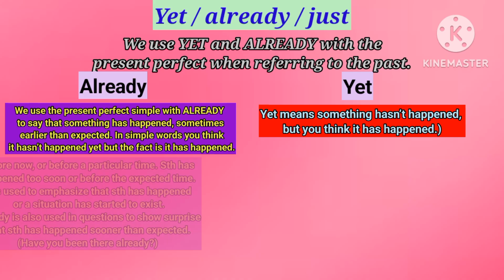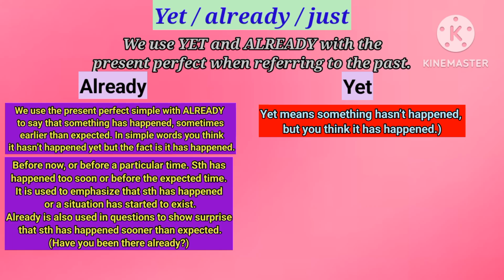Already means before now or before a particular time. Something has happened too soon or before the expected time. It is used to emphasize that something has happened or a situation has started to exist.